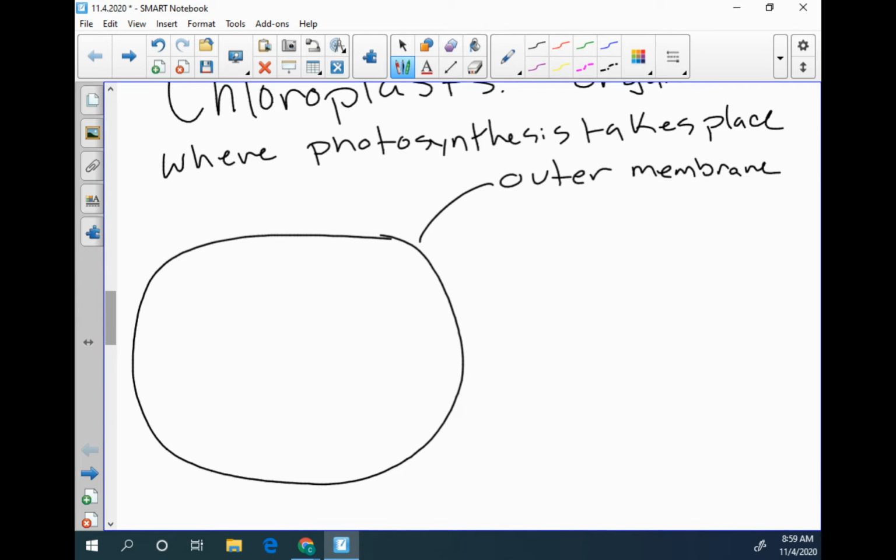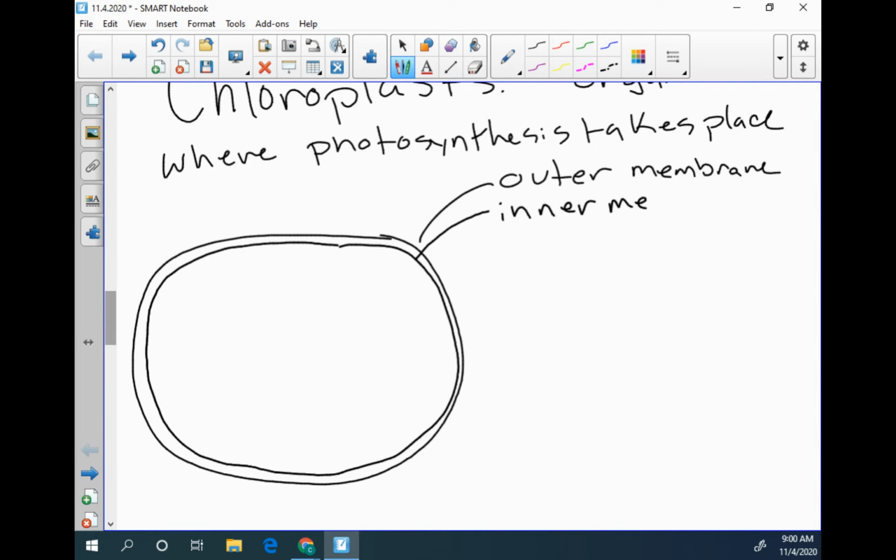The cool thing about chloroplasts, though, is that they have an inner membrane. Inside our chloroplasts, we have a third type of membrane. That membrane has organized itself into stacks.